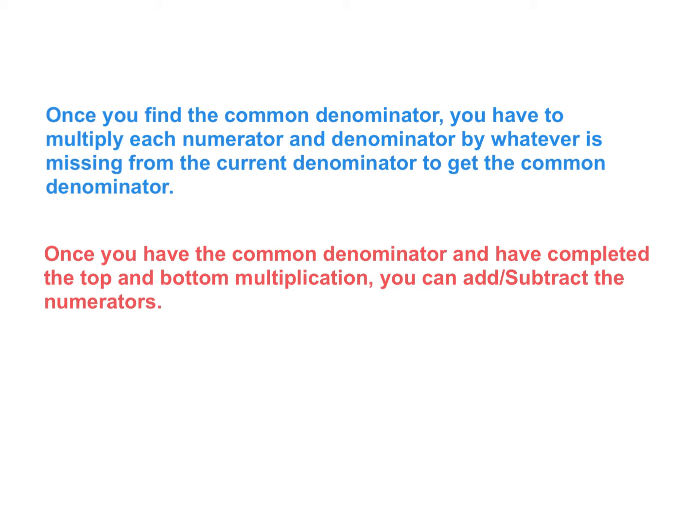So let's talk about once you have that common denominator and have done the multiplying, then you can add and subtract the tops. That's what adding and subtracting fractions is. Get that common denominator, and once you've done your multiplying with the top and the bottom, then you copy the bottom and add the top, or subtract the top.